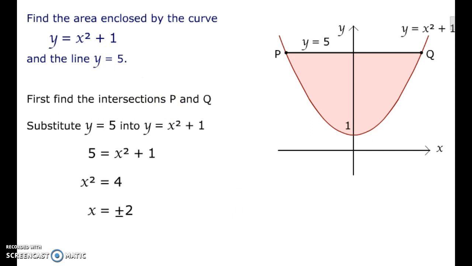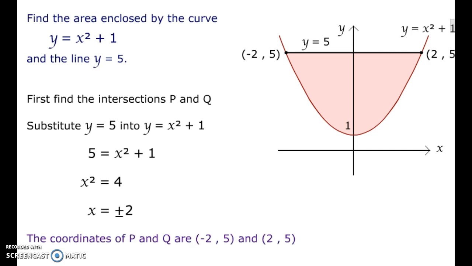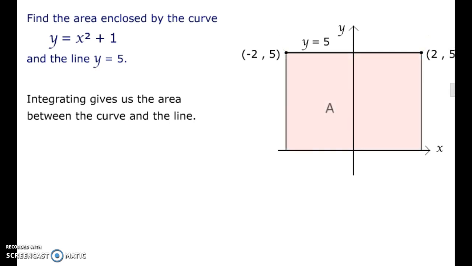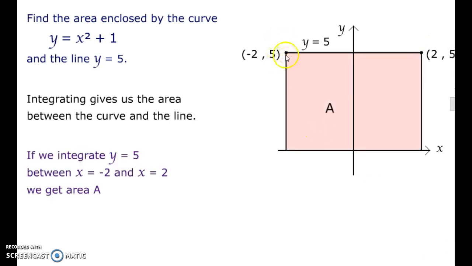Here you go, x squared equals 4, so x equals plus or minus 2. The coordinates are (minus 2, 5) and (2, 5). Of course, we don't need the 5s. We just need minus 2 and 2. So here is minus 2 and here is plus 2. Maybe you can draw these lines also to show where minus 2 and plus 2 are.